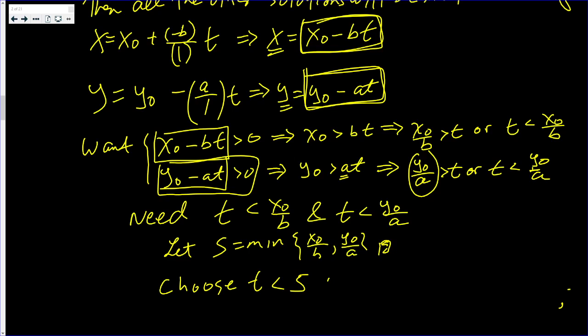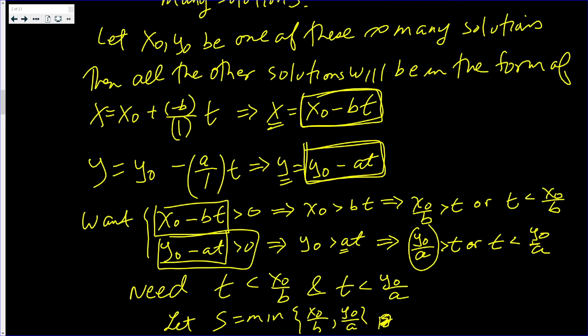So just choose t, which is less than s. And that would complete the proof. Just basic definitions I use. Not even that many.